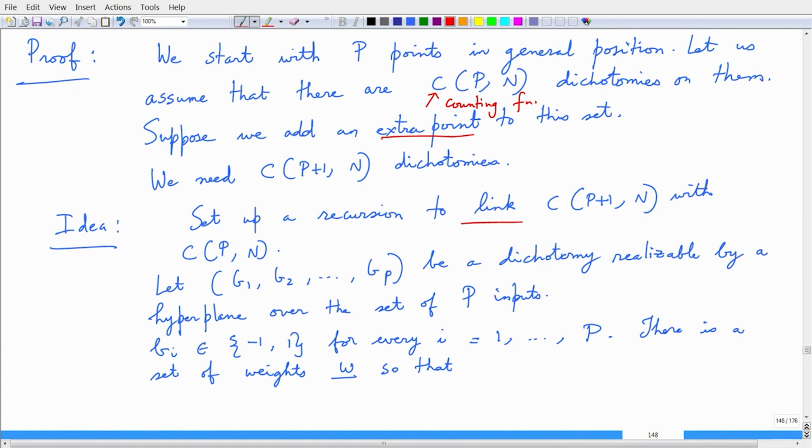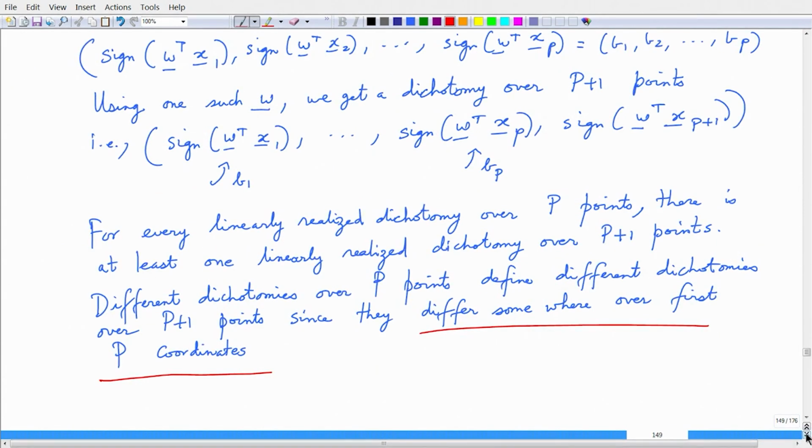Let B1, B2 and so on till B_p be a dichotomy realizable by a hyperplane over the set of p points. That means B_i is minus 1 or 1 for each point x_i, and there is a set of weights w so that the sign of w transpose x_i gives us B_i, right.